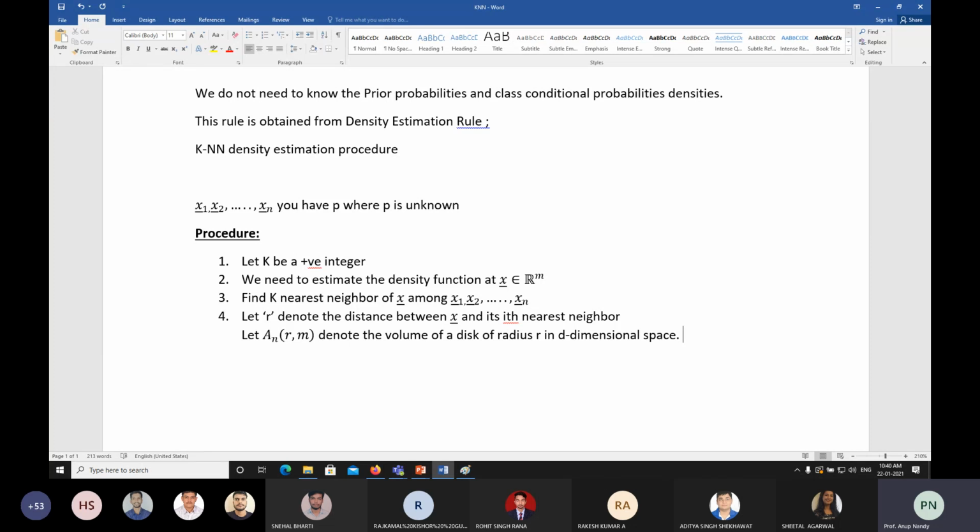Okay. So now fifth point is estimated density.